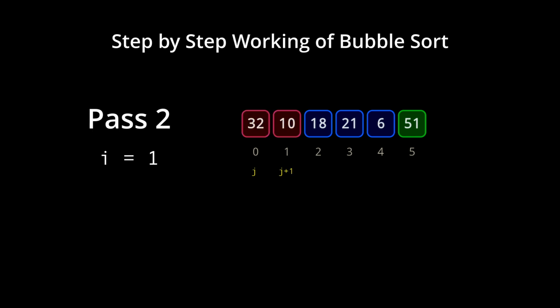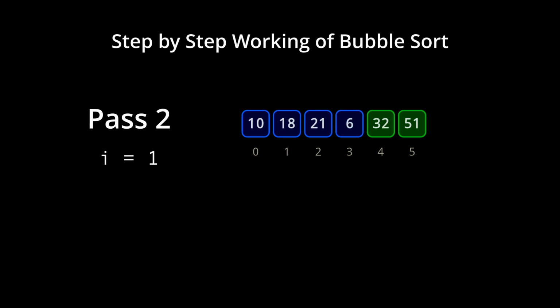Pass 2. Compare 32 and 10, 32 greater than 10, so swap these two elements. Compare 32 and 18, 32 greater than 18, so swap these two elements. Compare 32 and 21, 32 greater than 21, so swap these two elements. Compare 32 and 6, 32 greater than 6, so swap these two elements.